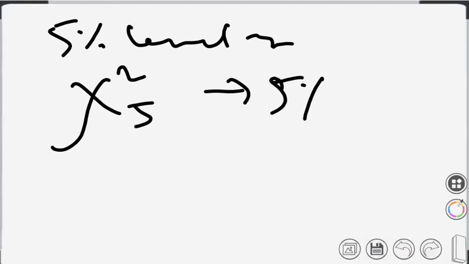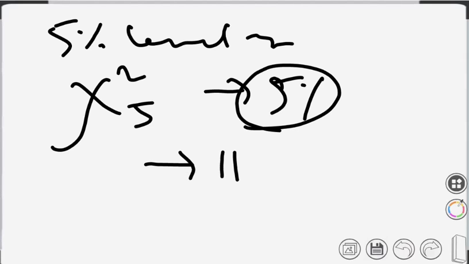Chi square is the first table. So chi square at 5, it's 11.1, isn't it? At 5% level of significance and 5 degrees of freedom, the value is 11.1.